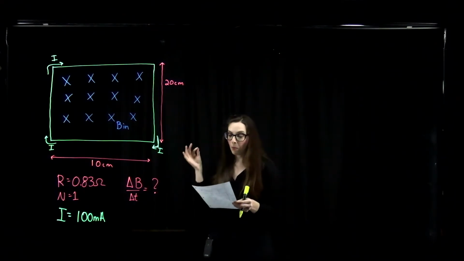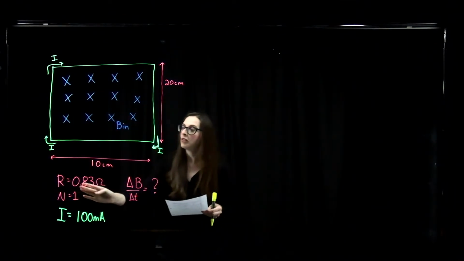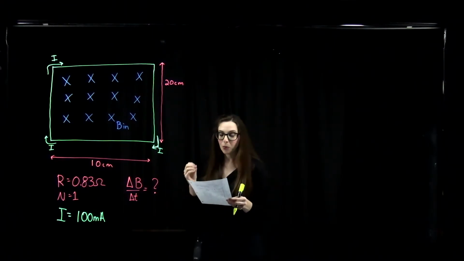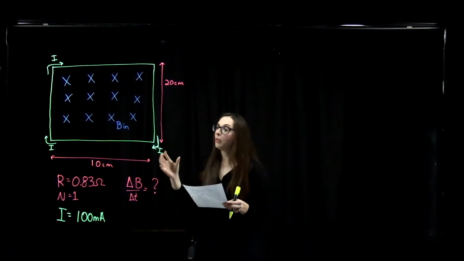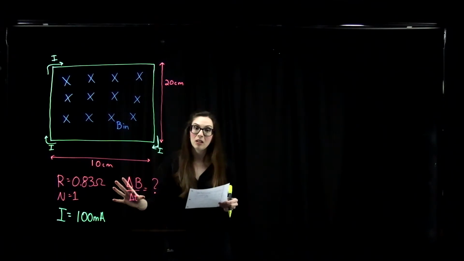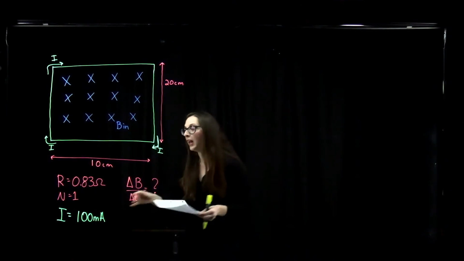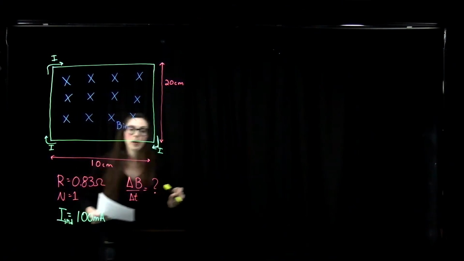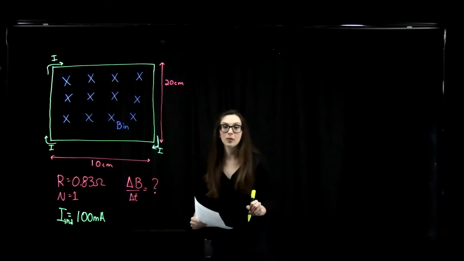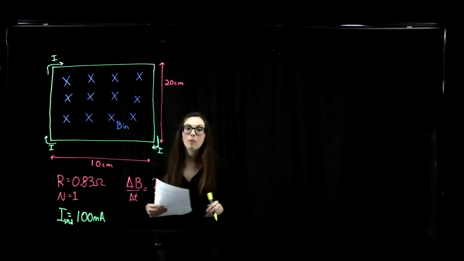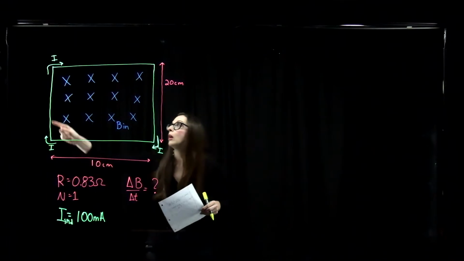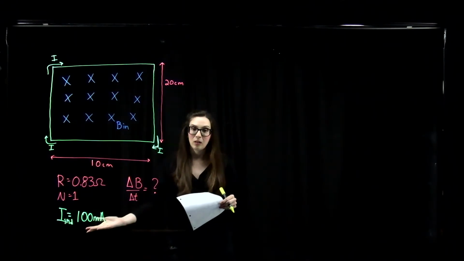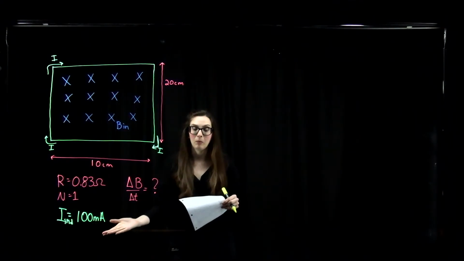My loop also has a resistance of 0.83 ohms. What is the rate of change of my magnetic field in order to create an induced current? This is my induced current of 100 milliamperes. My induced current is going to go clockwise around this loop, and it has a magnitude of 100 milliamperes.